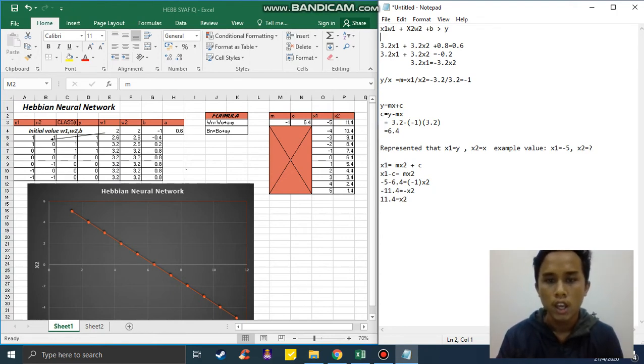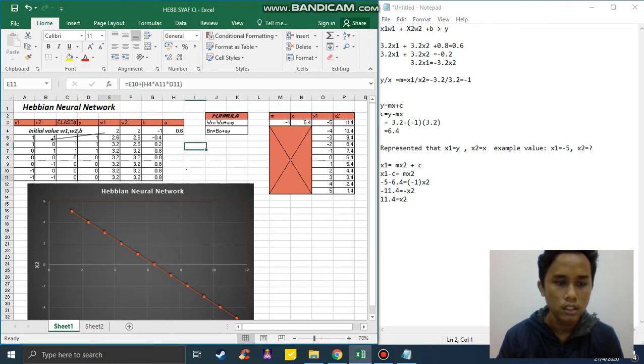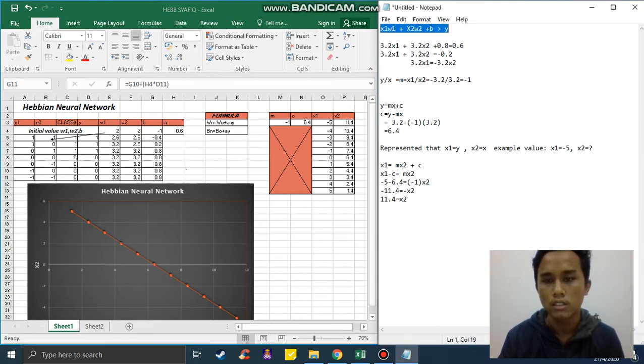We take 3.2 and 0.8, the last values of w1, w2 and b, and insert them in this equation.